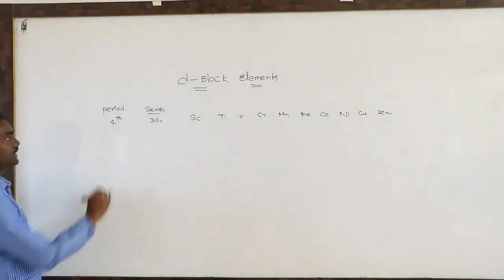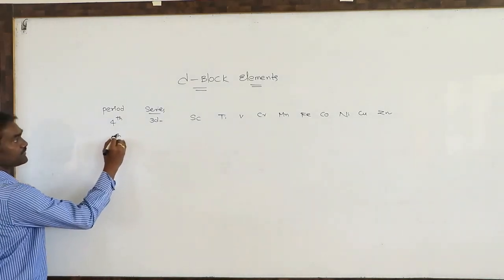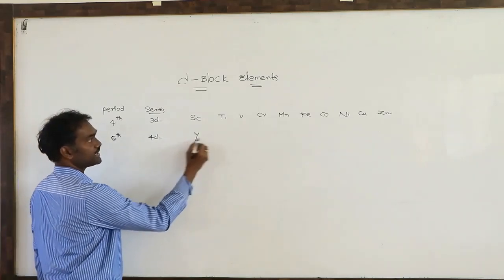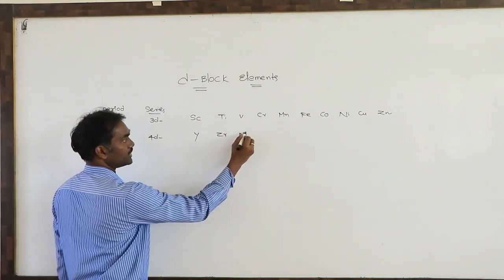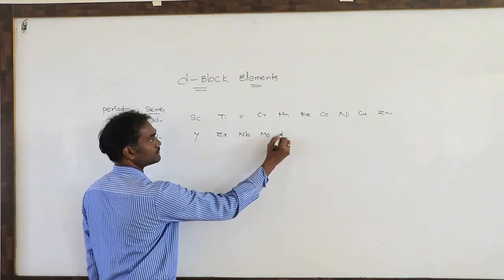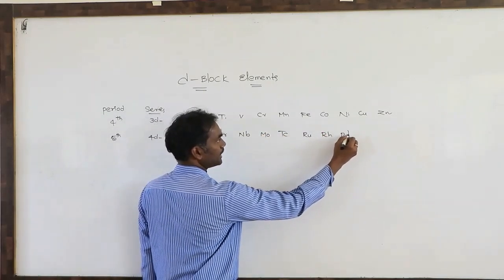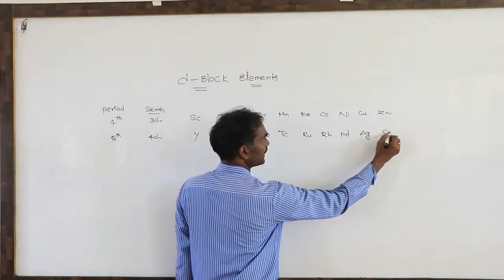Next, the fifth period, 4D series: yttrium, zirconium, niobium, molybdenum, technetium, ruthenium, rhodium, palladium, silver, cadmium.